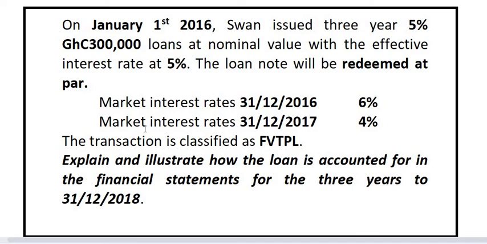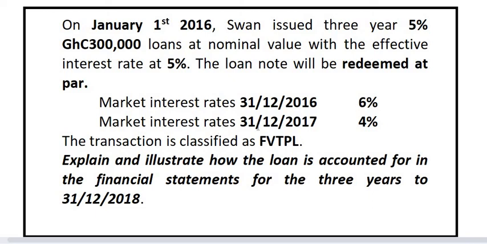On 1st January 2016, Swan issued 3-year 5% 300,000 notes at nominal value with the effective interest rate at 5%. The loan note will be redeemed at par. Market interest rates as at 31st December 2016 is 6%.